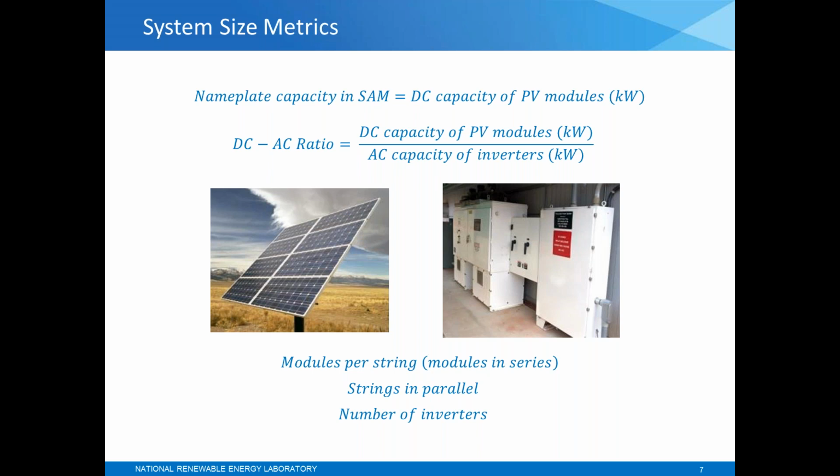And then down below the pictures, you see the things that actually control the different sizes of a system. We're looking at basically 3 variables: the number of modules in a string, so modules in series, the number of strings in parallel, and then the number of inverters. I'll get into these in SAM a little bit as well.